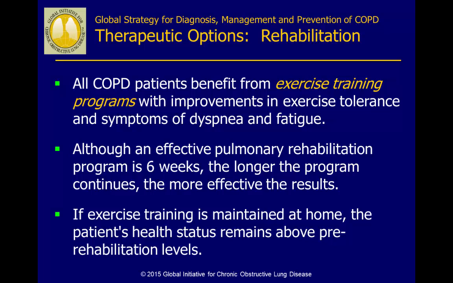Exercise training, these patients should undergo pulmonary rehab to basically improve the exercise tolerance and decrease the dyspnea and the fatigue that they're constantly complaining about. Insurance approves this for 6 weeks and even longer if it's necessary and if it's reapplied.